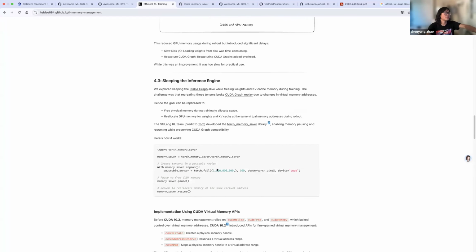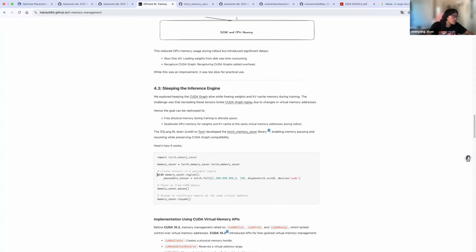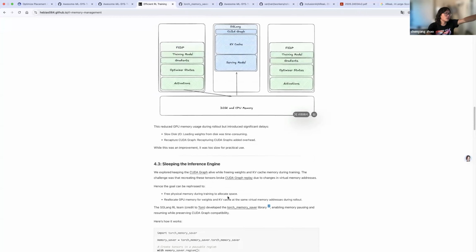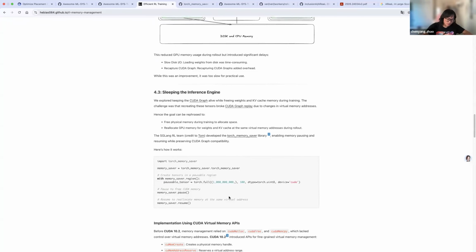I can show you the usage. We use memsaver as a region, and within this with statement we protect the target tensors, and sometimes we use memsaver to pause. Pause means that for this tensor, we release its physical GPU occupation to the CUDA driver, and the CUDA driver makes the GPU memory allocatable.